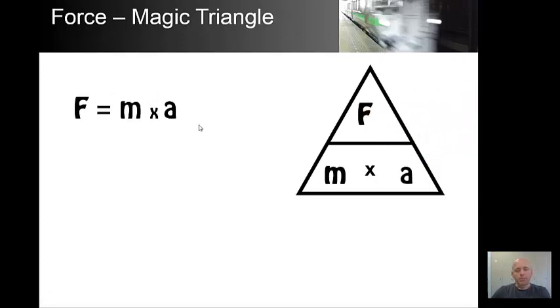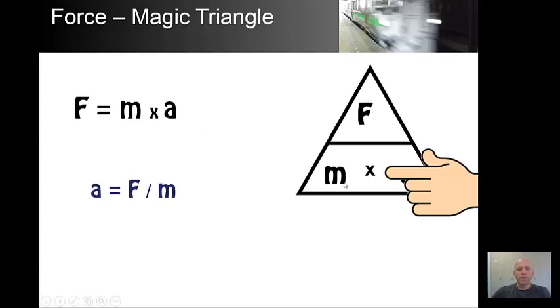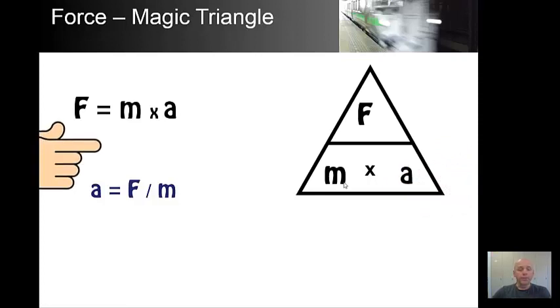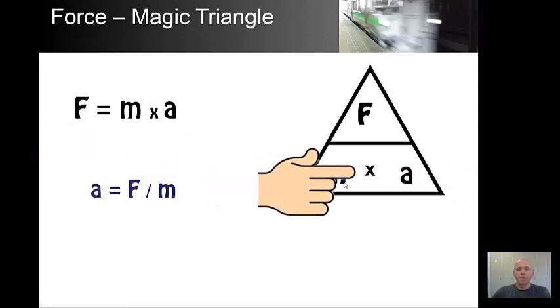If we want to solve for a, for example, we cover up a, and that tells us a equals F divided by m. If we wanted to solve for mass, m, we cover up the m, and we can see that m equals F divided by a. Again, all simple, easy to do.